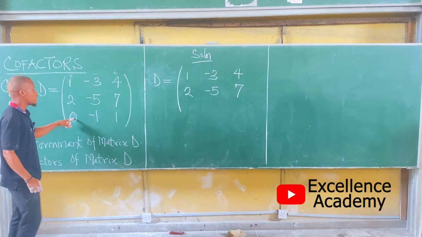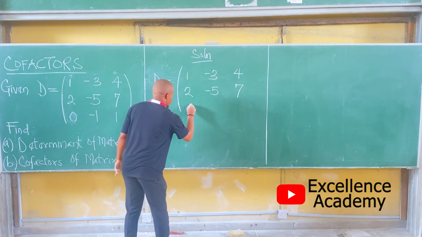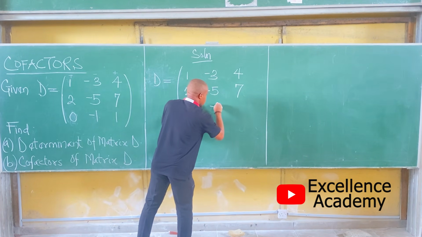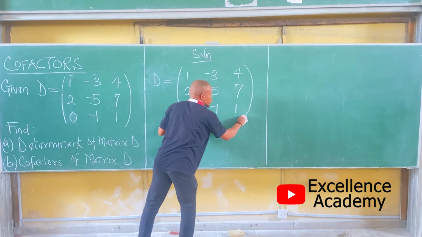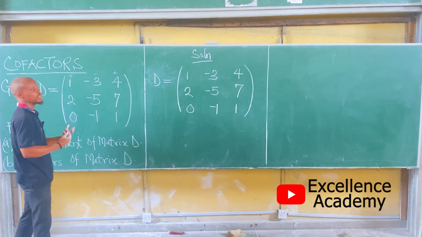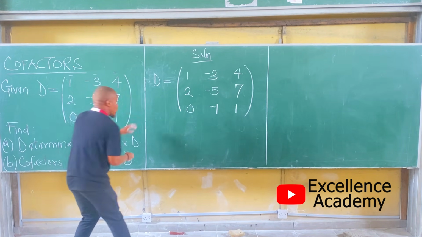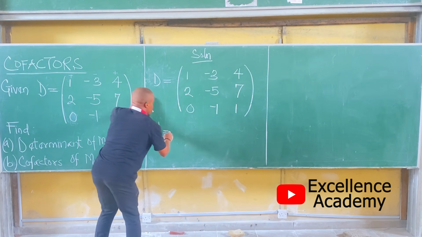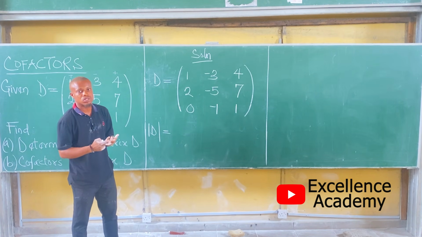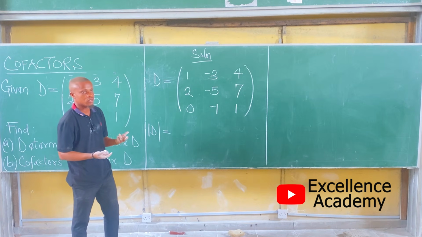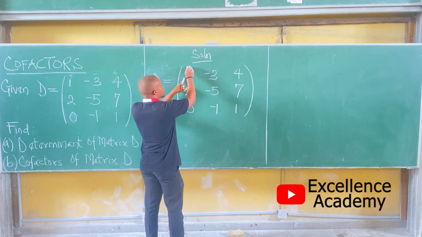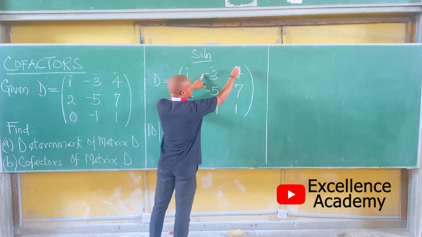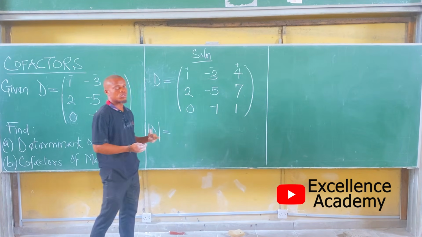Next up, I'm having 0, minus 1 and 1. All right, so let's get the determinant of that. The determinant of D, always remember you work with a sign convention. Don't just start solving. I'll pick this as my plus, minus, and plus. This is your sign convention.